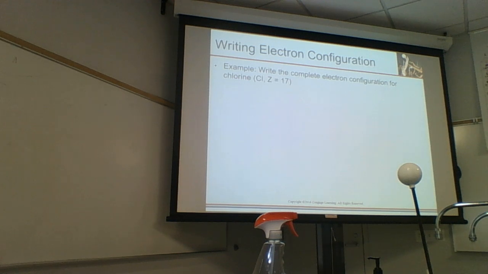And so if we were to write for chlorine, the energy level diagram would be 1s, we've got 2 electrons there. Chlorine has a total of how many electrons? 17 electrons. So that's 2 electrons, and then 2s, another 2, and then 2p will have 6 electrons in there.